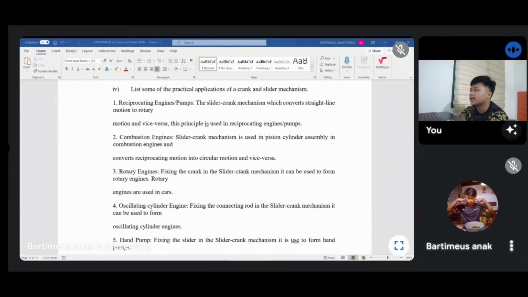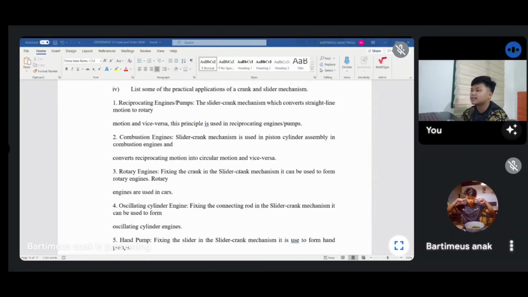So number one is reciprocating engines and pumps. The slider crank mechanism converts straight line motion to rotary motion and vice versa. This principle is used in reciprocating engine pumps. Next, combustion engine. The slider crank mechanism is used in the piston cylinder assembly in a combustion engine and converts reciprocating motion into circular motion and vice versa. Number 3, rotary engine.